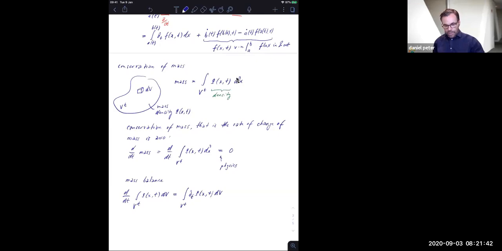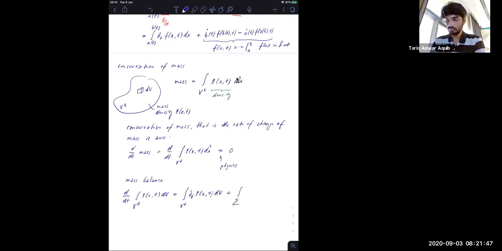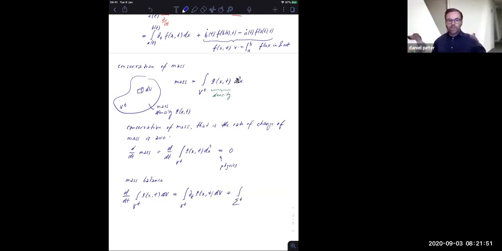plus this flux, basically, and this flux is the flux of mass that goes out of the boundaries of the volume. So here sigma t, that's the surface of our volume. And then we have the quantity times the normals of the surface.